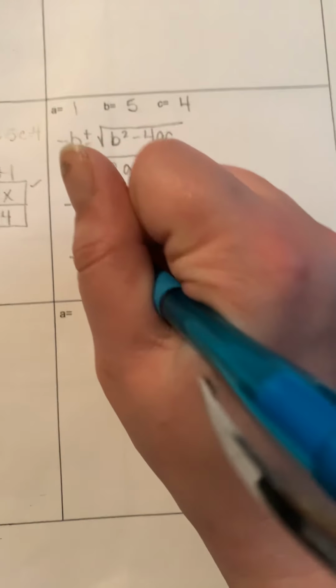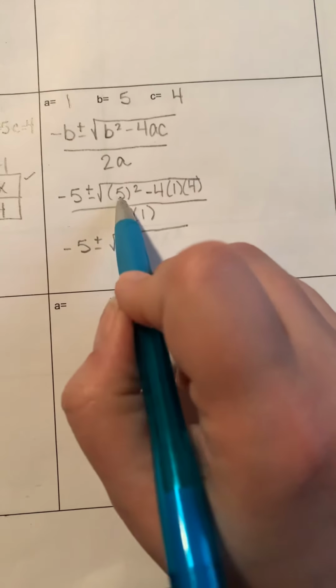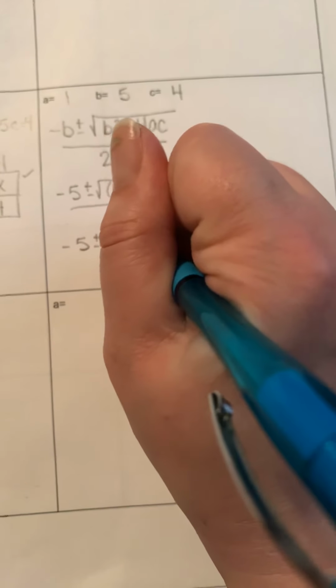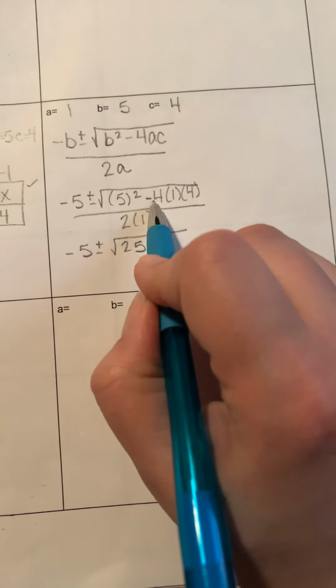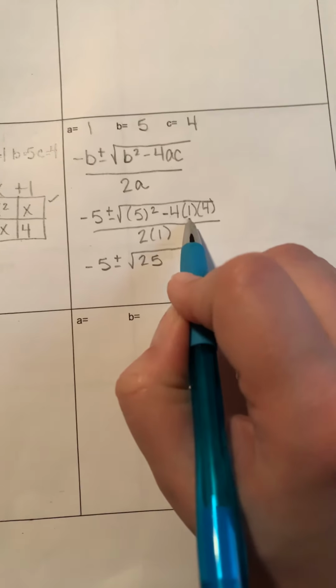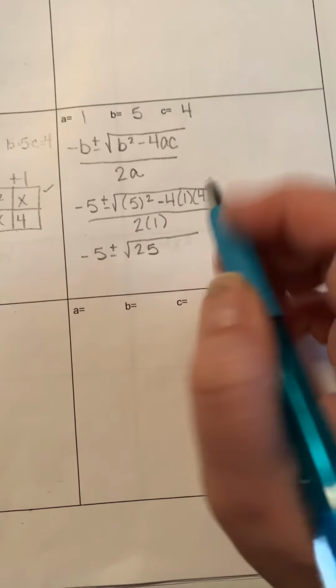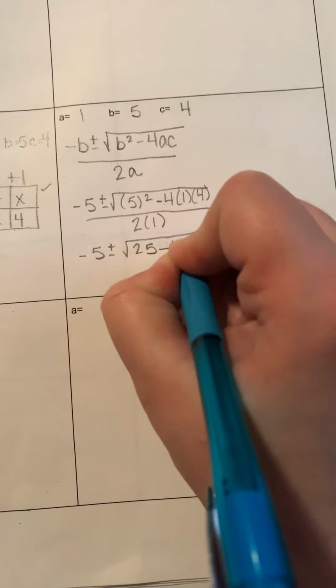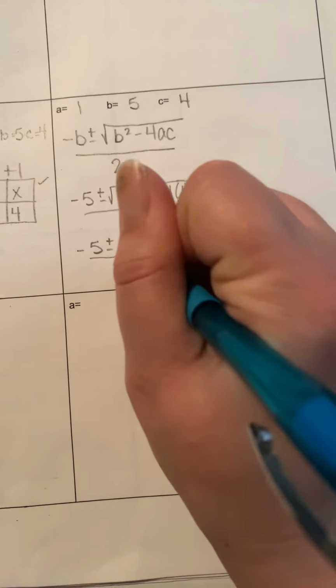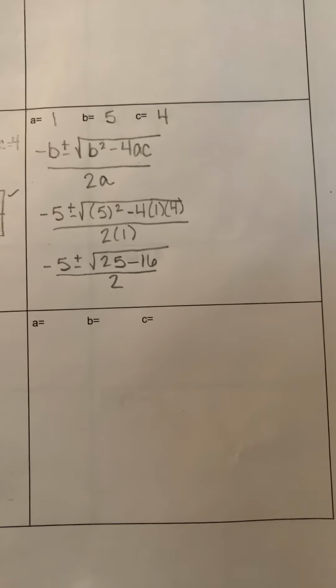Opposite of 5 plus or minus square root, 5 times 5, 25. -4 times 1 is -4. -4 times 4, -16. All divided by 2.